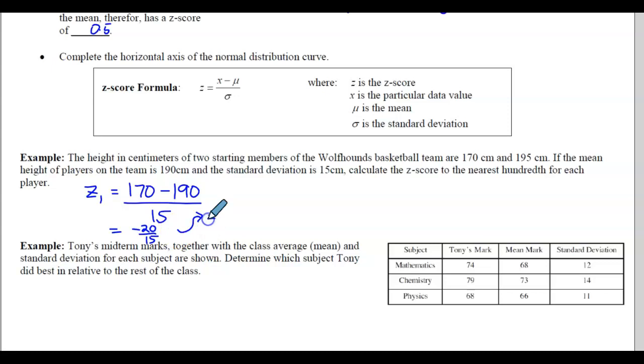I don't need a calculator. And then z-score for the other player, that's higher than the mean, so you know it's going to be positive.